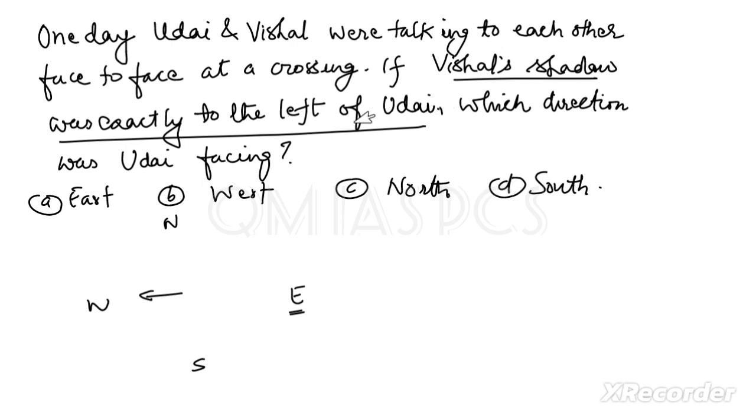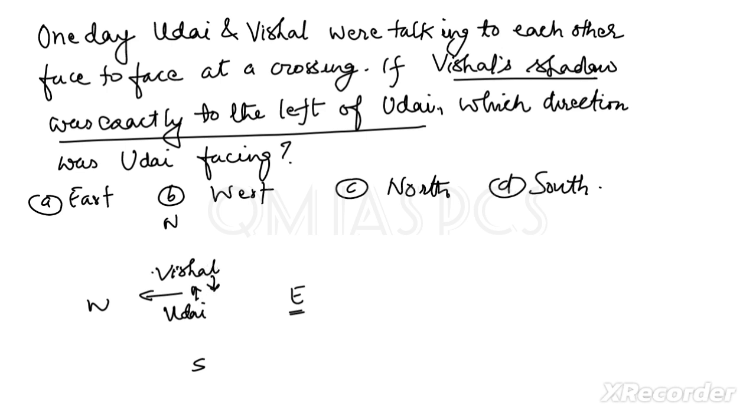Left of Uday means Uday should be at this position, facing towards north. Then Vishal is facing towards Uday, that means south. So this should be Vishal's position, facing towards south, so his shadow will fall to the left of Uday. Are you getting my point?